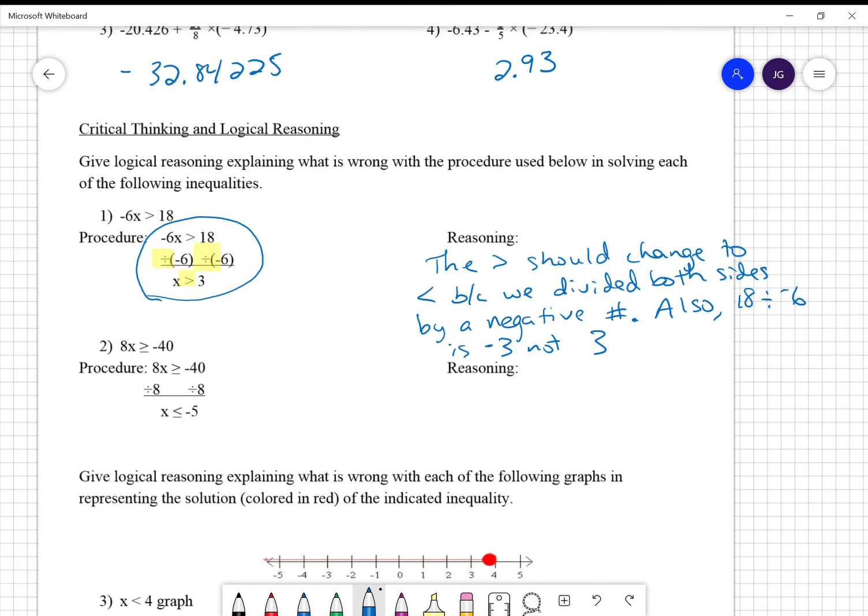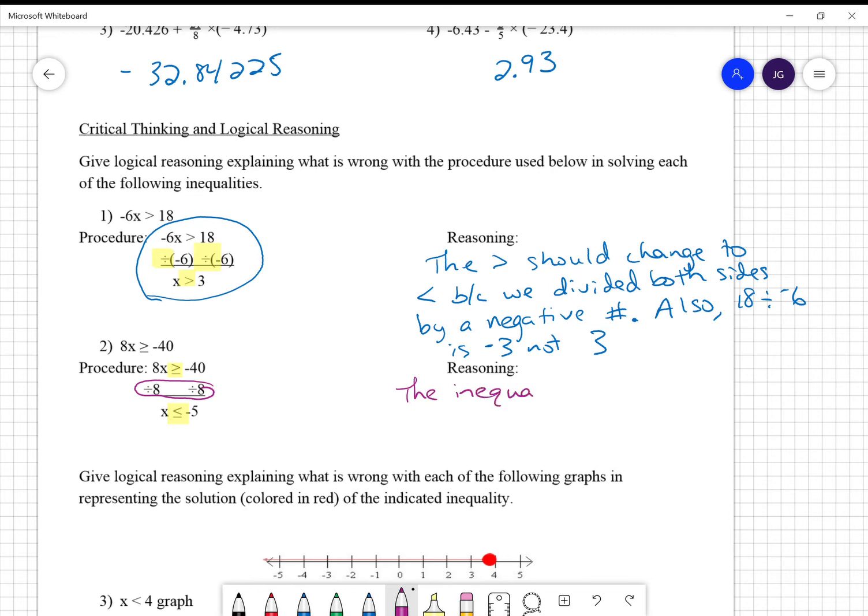Second example, 8x is greater than or equal to -40. I would divide both sides by 8. I get x and -5, and they have is less than or equal to. The inequality switched directions, but what we divided by was +8, so it should not have changed directions.